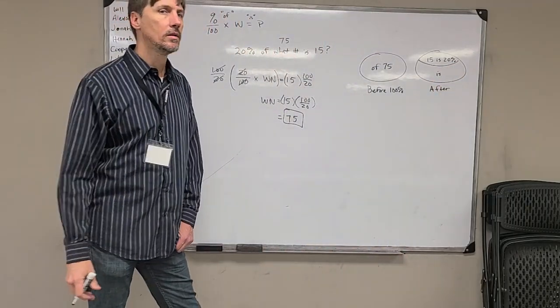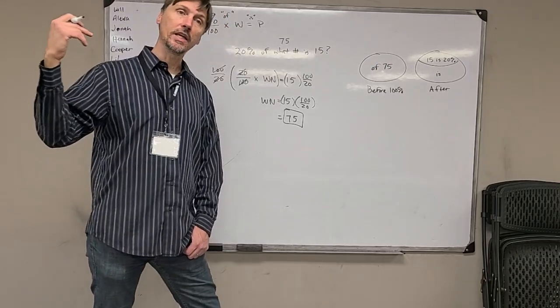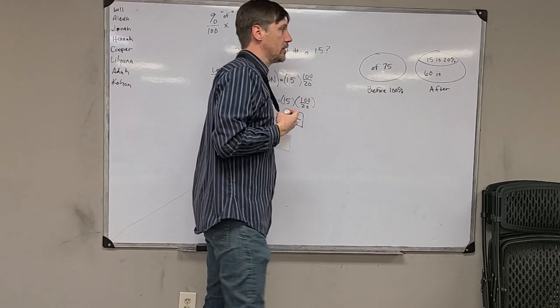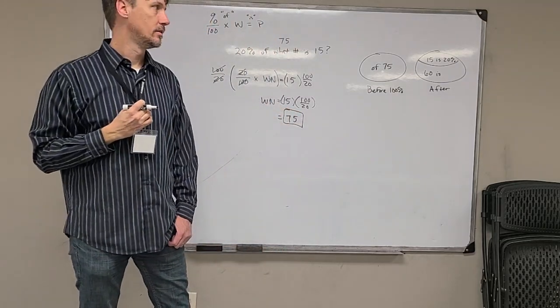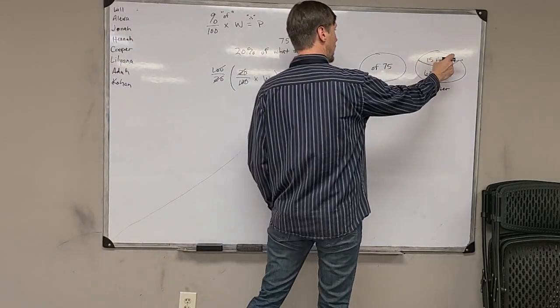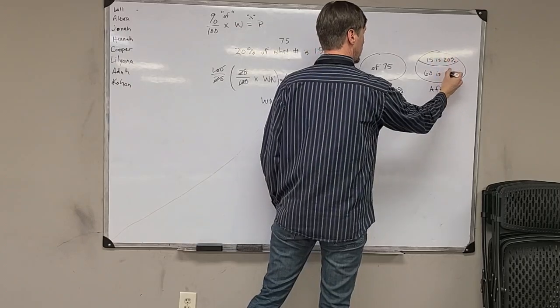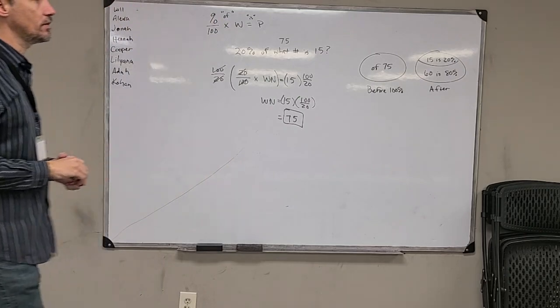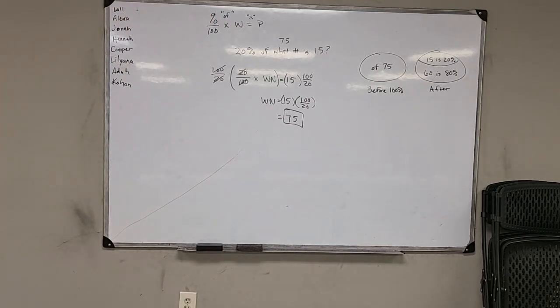Would it be 75 minus 15? 75 minus 15, yes. So what's that? 60. And what percentage is that of 75? How do we figure that out? We say 100% minus the 20 right here, and we get 80%, right? So if 15 is 20% of 75, then 60 must be 80% of 75.